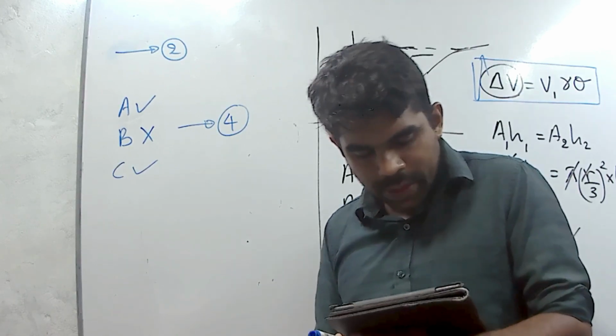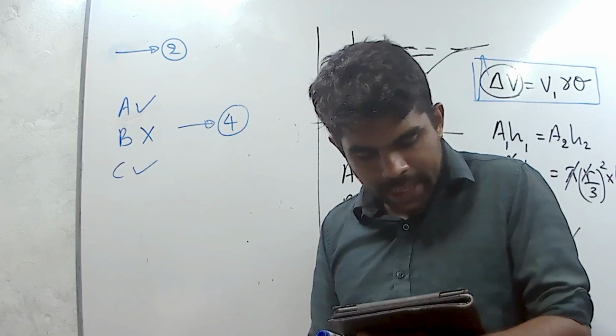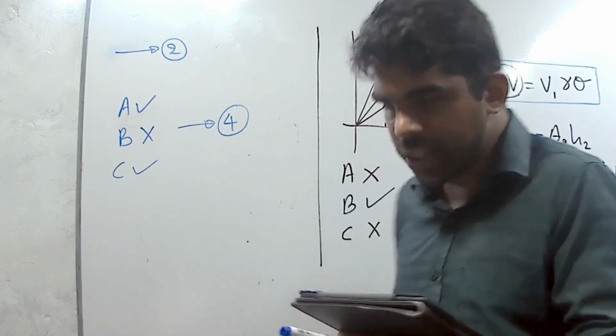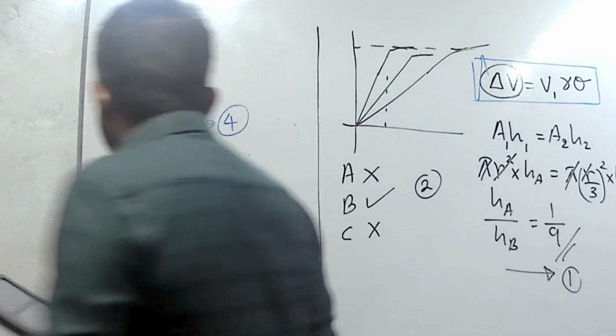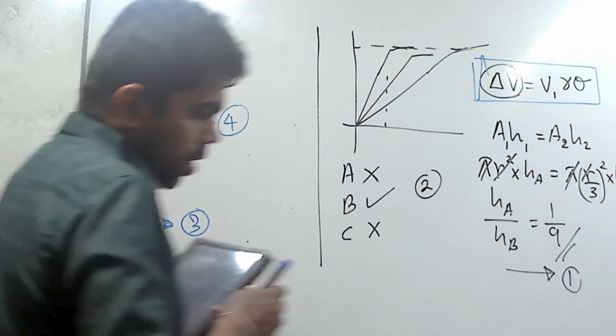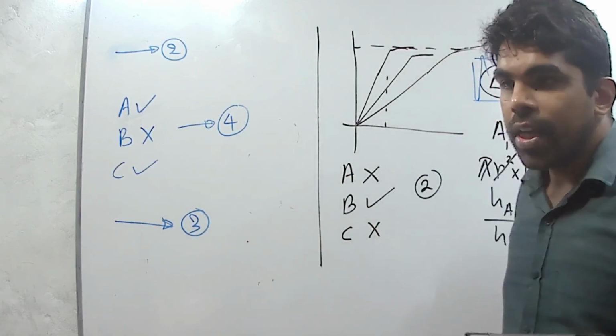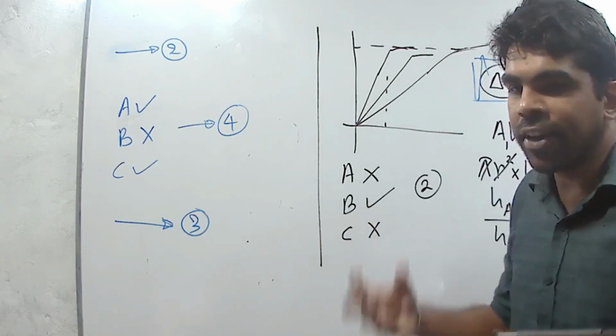3. By using a mercury gas thermometer with a large mercury bulb, the range of measurement can be increased. No, it is false. Then incorrect statement is 3. We know that range of thermometer is depending on thermometric material.